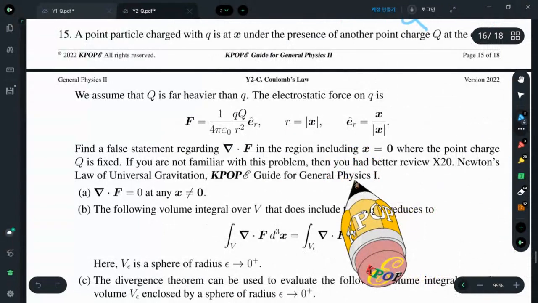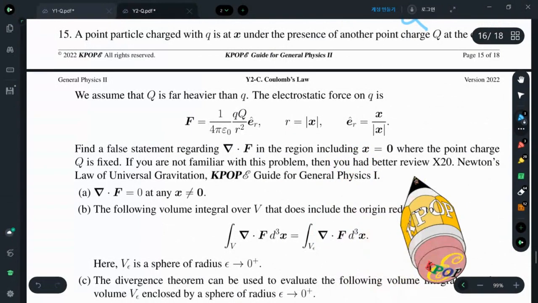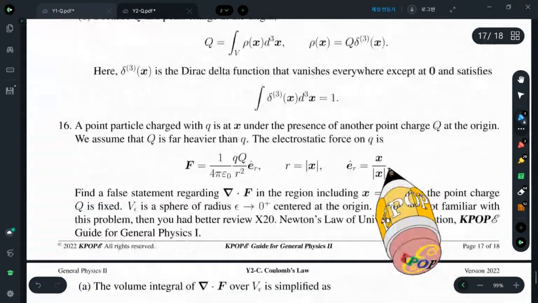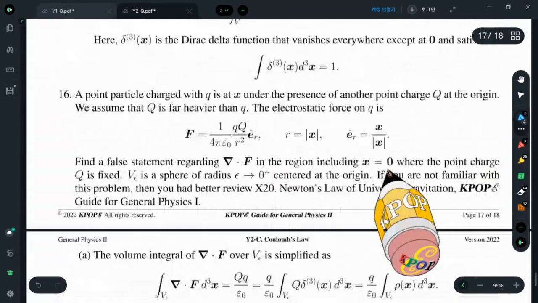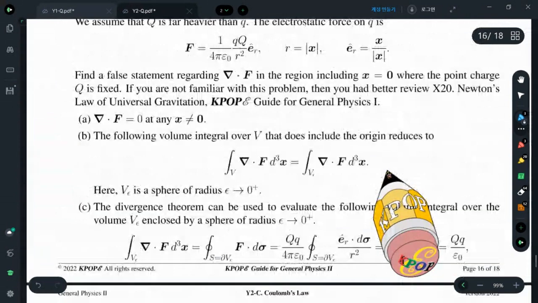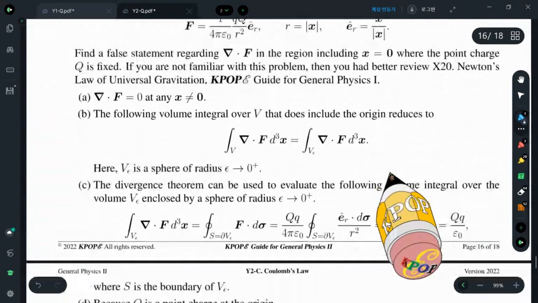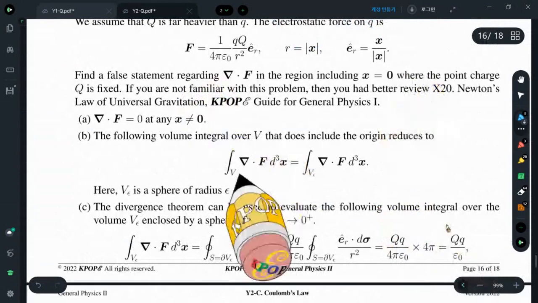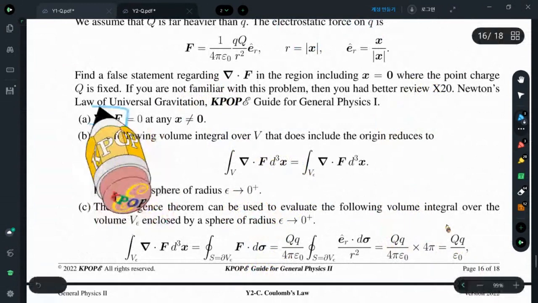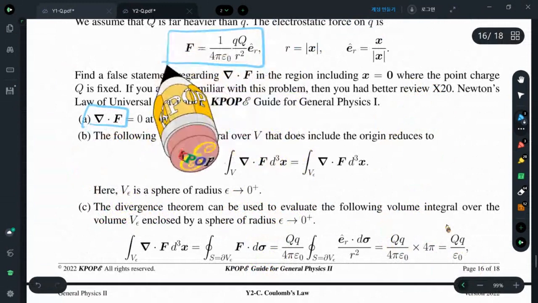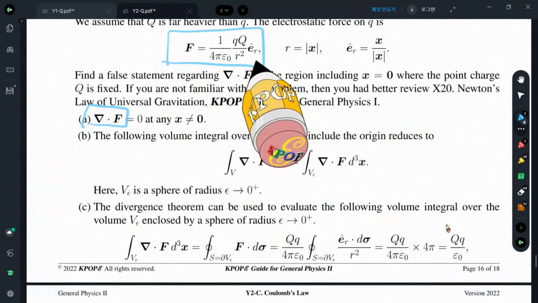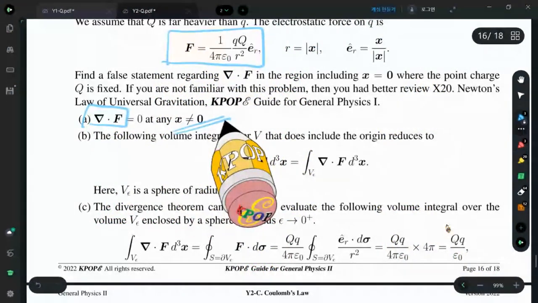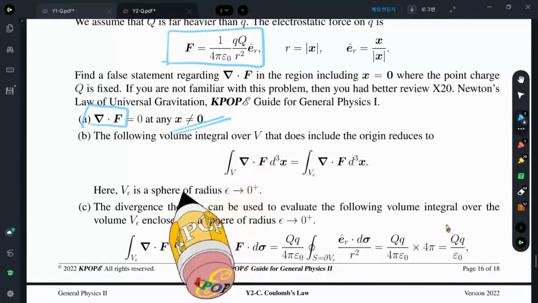Okay, 15. These two are related to the Gauss law. I told you the divergence of the electrostatic force vanishes whenever x is not equal to 0.